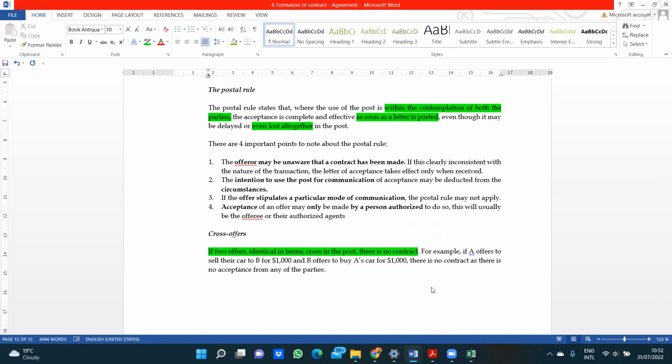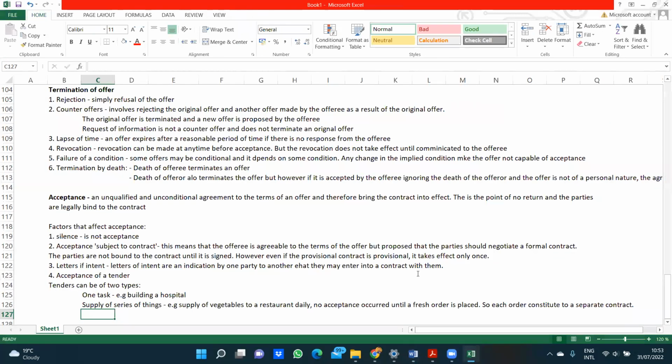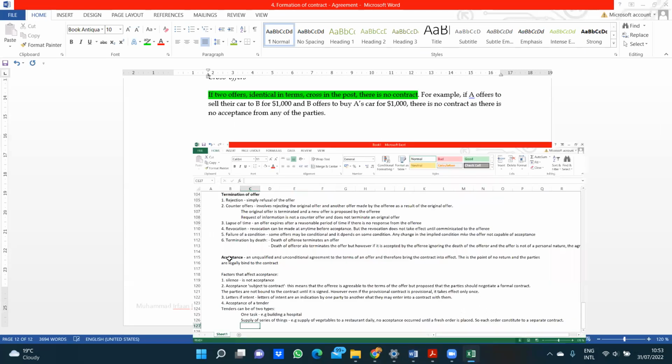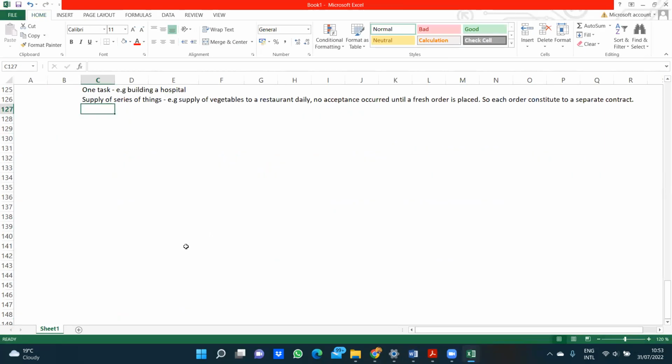For example, if A offers to sell their car to B for 1,000 and B offers to buy the car for 1,000, even though the terms are similar, there is no contract because there is no acceptance from either party. Just to summarize it.